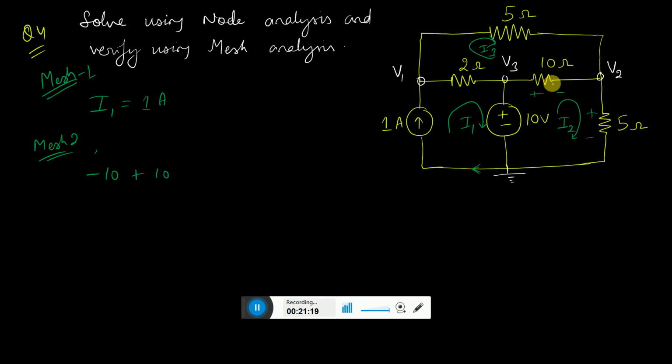In this 10 ohm resistor, two currents are flowing. One current is I2, moving from left to right. Another current is moving from right to left, that is I3. So better write I2 minus I3. Then you have a 5 ohm, and the good thing is that in the 5 ohm only one current is there, I2, moving from top to bottom, and this is equal to 0. So you have got a second equation done.